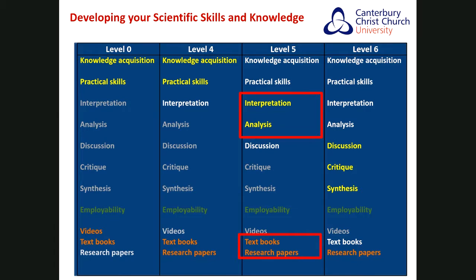But we focus more on interpretation and analysis of your own data from a practical, interpretation and analysis of research information from a research paper, interpreting data from a report, a graph, and all that is very much what we're going to build during this level 5 for all the modules you're going to be studying, including inorganic and organic chemistry.